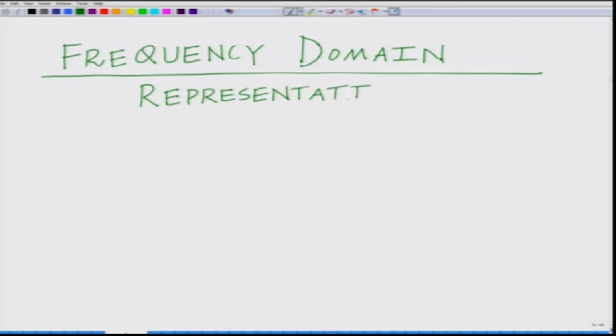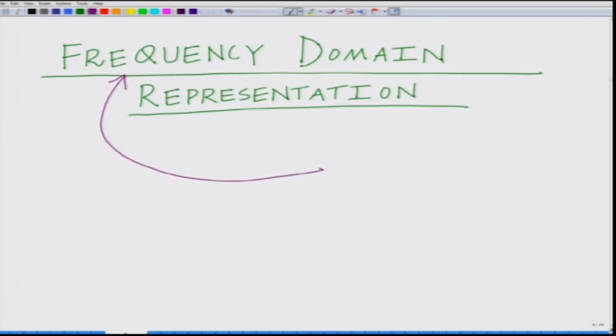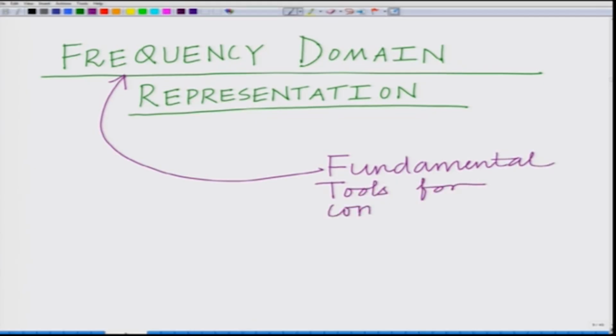So, we are going to look at the frequency domain representation, and this is one of the fundamental tools used in communication.